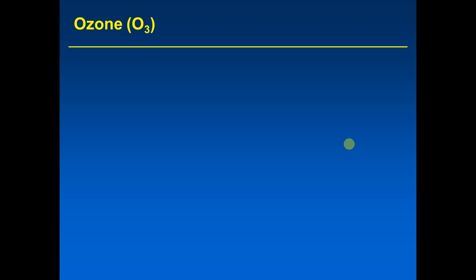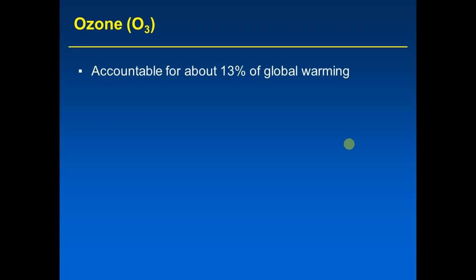But actually, it does operate as a greenhouse gas in the troposphere, okay, the lowest layer of the atmosphere, and it's accountable for about 13% of global warming. And actually, ozone has a greater contribution to global warming than nitrous oxide, so that's why it's listed here ahead of nitrous oxide.